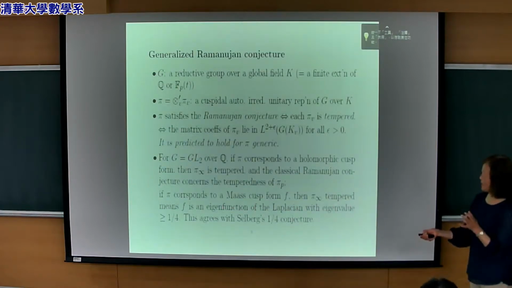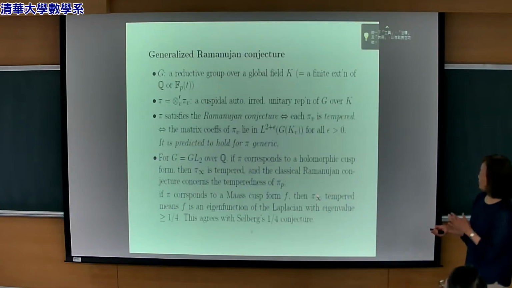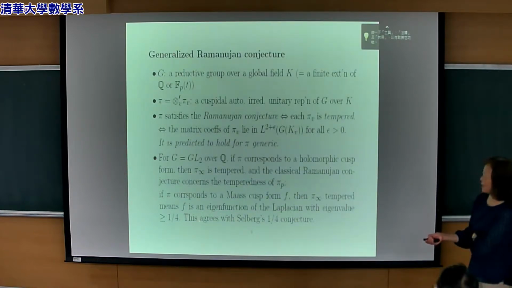So this part is the property of the form. And to say that the representation is tempered is the same as saying that its eigenvalue should be at least 1/4. Okay, so this is the strange connection between representation property and the eigenvalue of the Laplacian. And this temperedness conjecture here agrees with the 1/4 conjecture for the congruence subgroup.